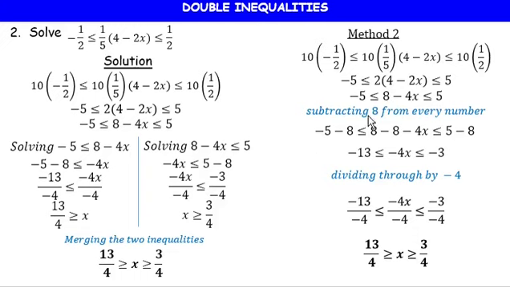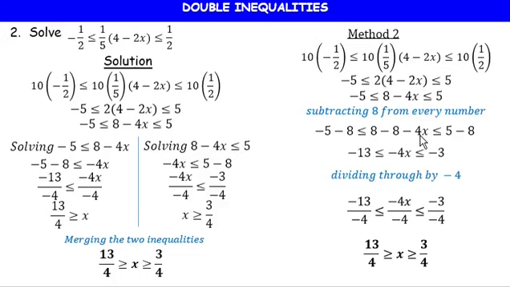We subtracted 8 from negative 5, we subtracted 8 from the middle section, and then we subtracted 8 from the 5 here. So in the end we had negative 5 minus 8 less than or equal to 8 minus 8, so that we get rid of this 8, because we said another way of solving this is to eliminate the number that is attached to the x component in the middle section, right?